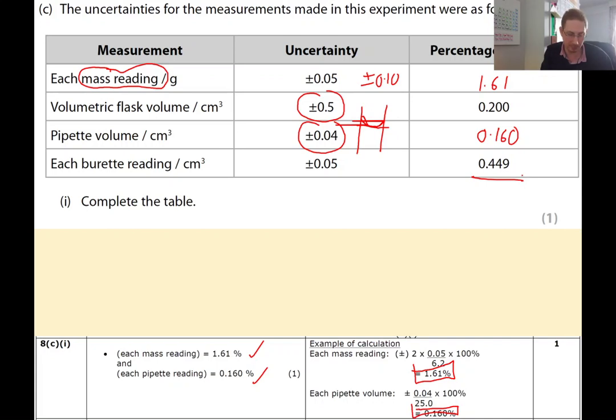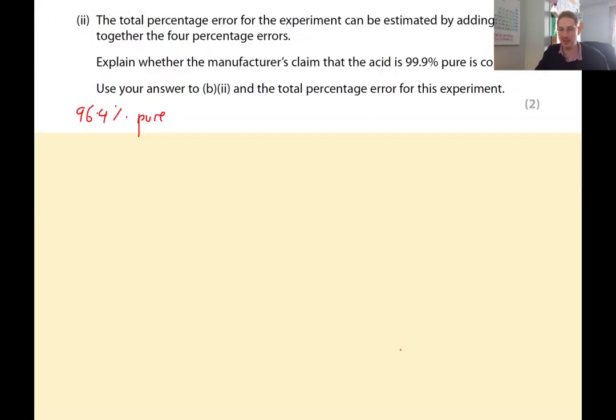1.61 plus 0.2 plus 0.16 plus 0.449, 2.41%, okay? So that sums up to a total error of 2.419%. So we know here that that is 96.4% pure plus or minus 2.42%.